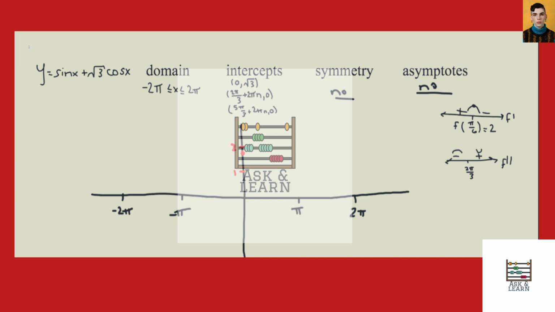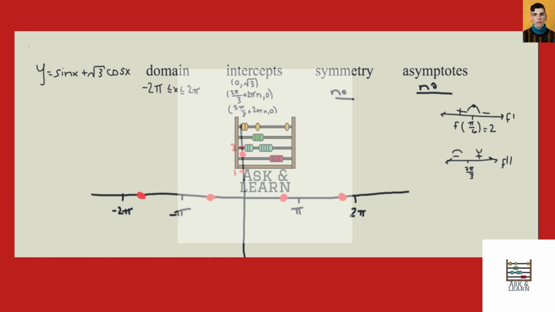So let's say this is 1, this is 2, and we know that radical 3 is about 1.7, so it's going to be about here, give or take. Next we have intercepts at 2 pi over 3 plus 2 pi n and 5 pi over 3 plus 2 pi n. So about 2 pi over 3 would be about right here. This is just a rough sketch. And 5 pi over 3 would be about here. And then let's do the same for the other side. It's going to be about here or so, and here, give or take.